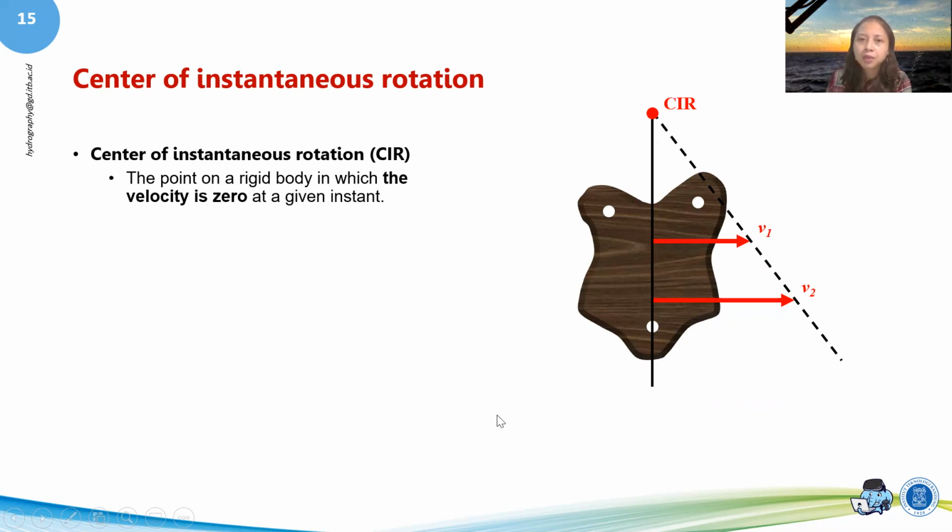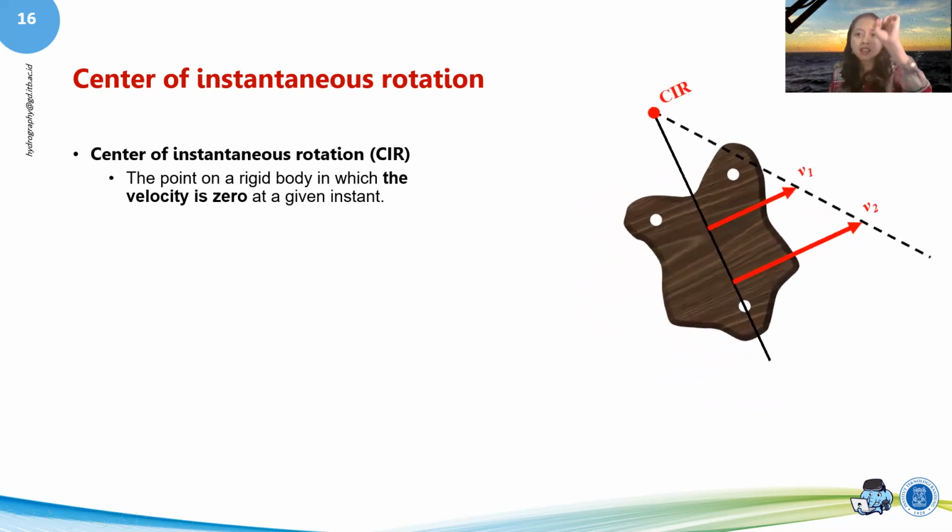Again, the velocity there is always 0. If the body is moving continuously, for example, like this, the CIR stands still, but the whole body is moving. We can see that v1 is moving that way, v2 is moving that way, and together they're actually moving in a rotation kind of way. That's very important to see, especially in mechanics.